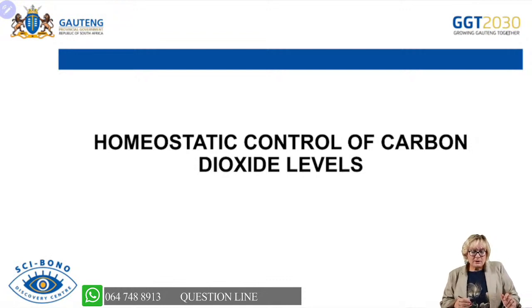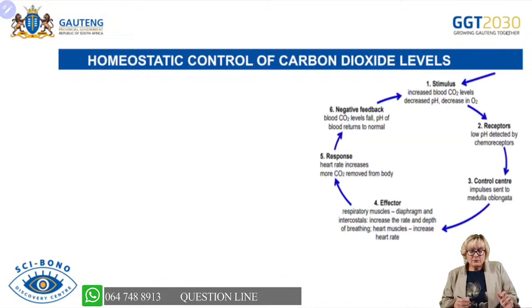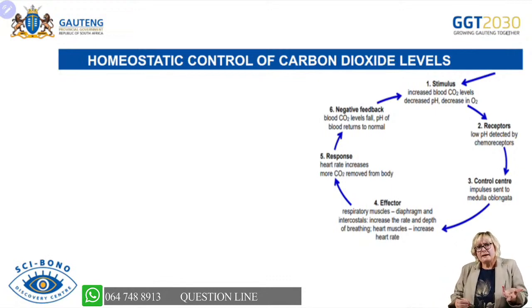Now let us look at the homeostatic control of carbon dioxide levels. Now carbon dioxide levels, so if I say that, you must immediately think of what? Your breathing system. Now if we look at the breathing system, you will notice that we only look at high carbon dioxide levels. Why not low carbon dioxide levels? Why are we only looking at high? Because that's the only one that's dangerous.